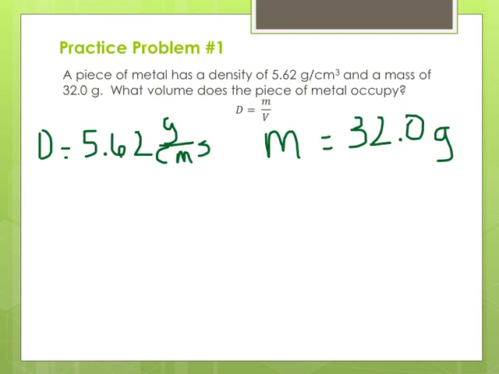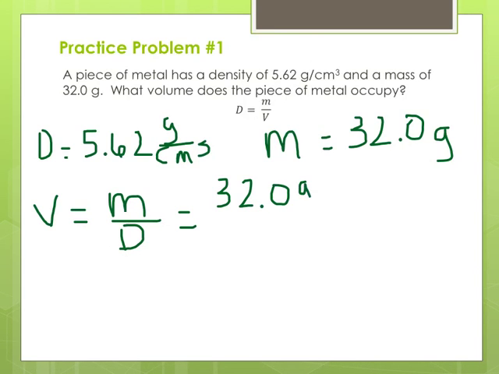The next thing you need to do is to plug it into your equation. So rearranging to solve for volume, V is equal to mass, M, divided by density, D. And so plugging in, we have 32.0 grams divided by our 5.62 grams per centimeter cubed.